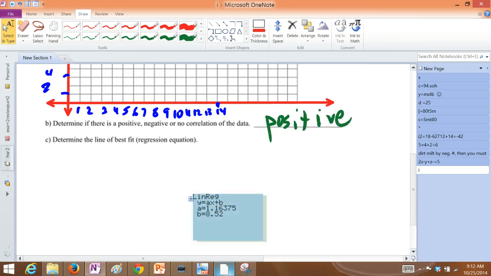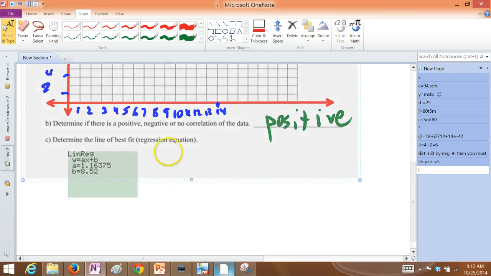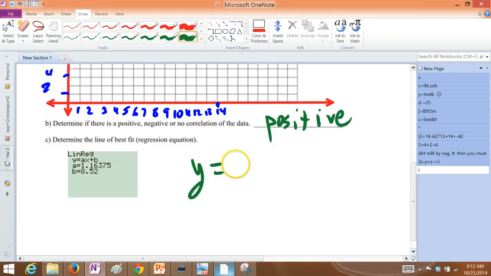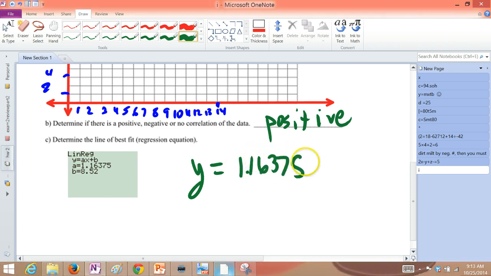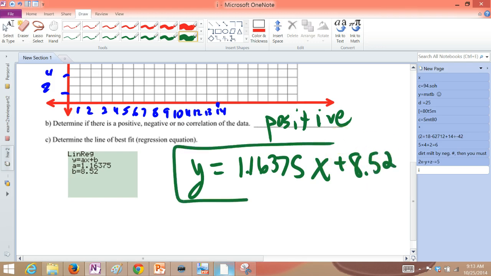There we go. So the answer to this question, I'm not quite sure if that's what was intended, but it works out well, that y is equal to 1.16375 times x plus 8.52. That's the line of best fit.